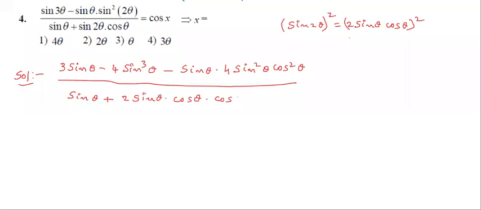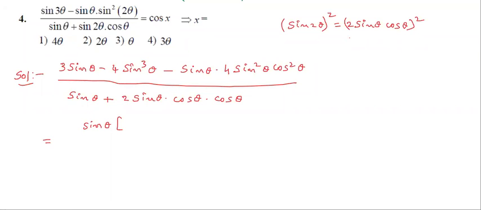Okay. Now calculate the numerator. What happened? See, 3 sine theta. And overall, we can take sine theta common. So I am going to take sine theta common in the numerator. Only sine theta common.